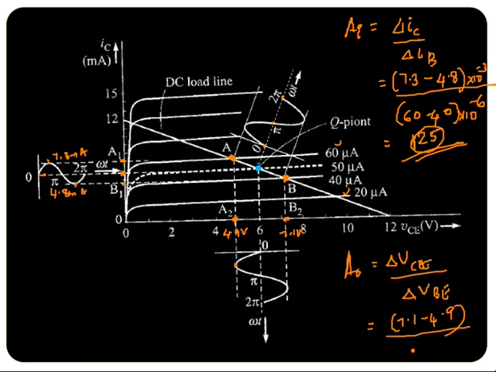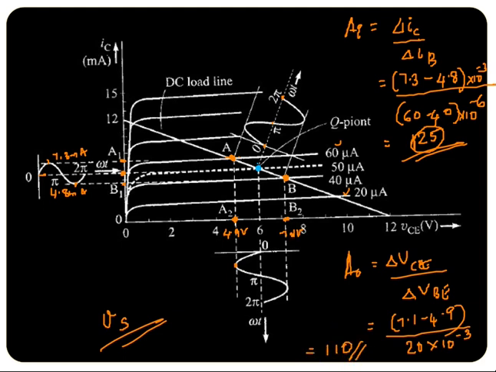The change we have already found out is 20 millivolt, 20 into 10 raised to minus 3. We discussed the input signal Vs and found this as 20 millivolt, and from that we calculated the change in IB. So this will give you a voltage gain of around 110.